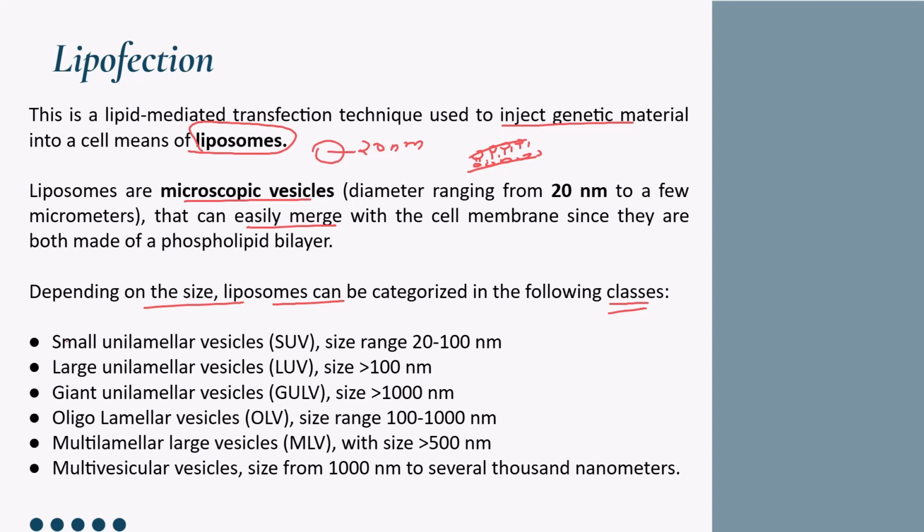There are mainly 6 classes of liposomes: small unilamellar vesicle SUV with a size of 20 to 100 nanometer, large unilamellar vesicles LUV with more than 100 nanometer size, giant unilamellar vesicle with more than 1000 nanometer, oligolamellar vesicle with a range of 100 to 1000 nanometer diameter, then multilamellar large vesicle with size greater than 500 nanometer, then multivesicular vesicles from size 1000 nanometer to several thousands of nanometers.